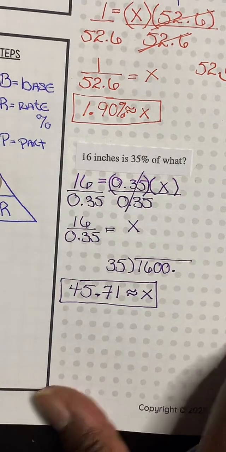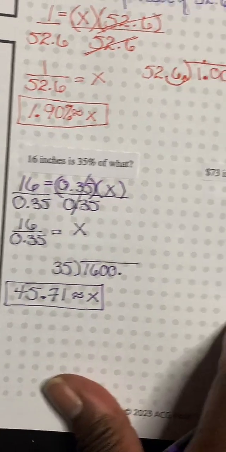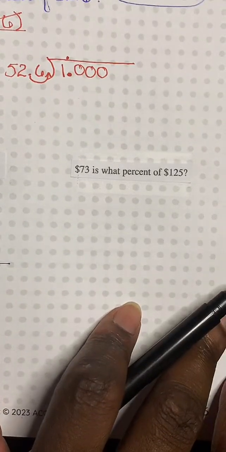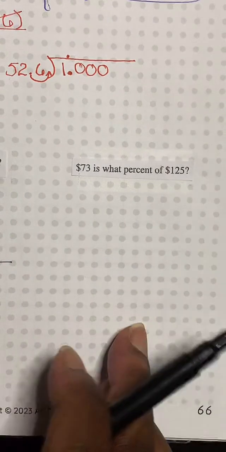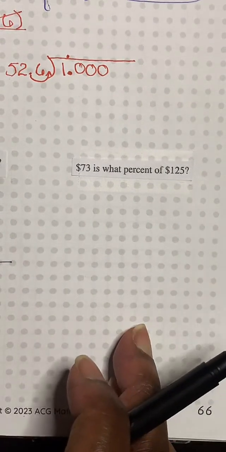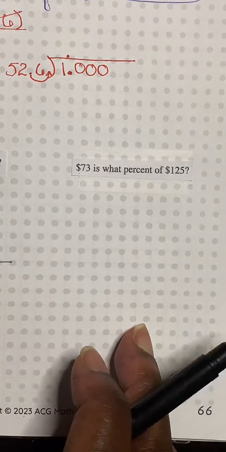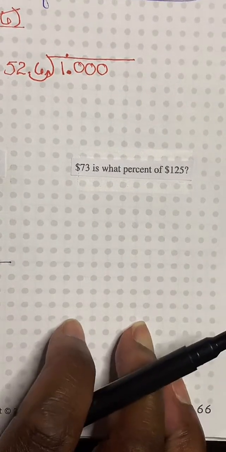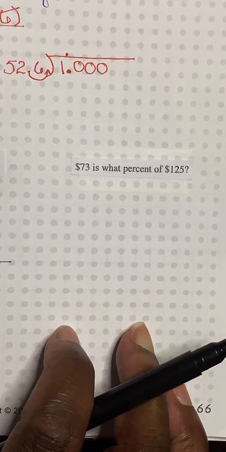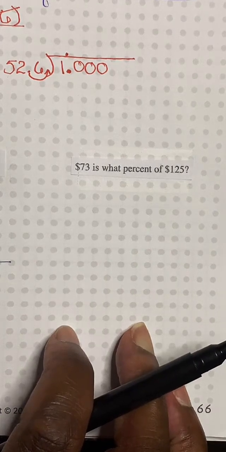All right. So, sliding over. $73 is what percent of 125? Yes, of always means multiplication. Good.